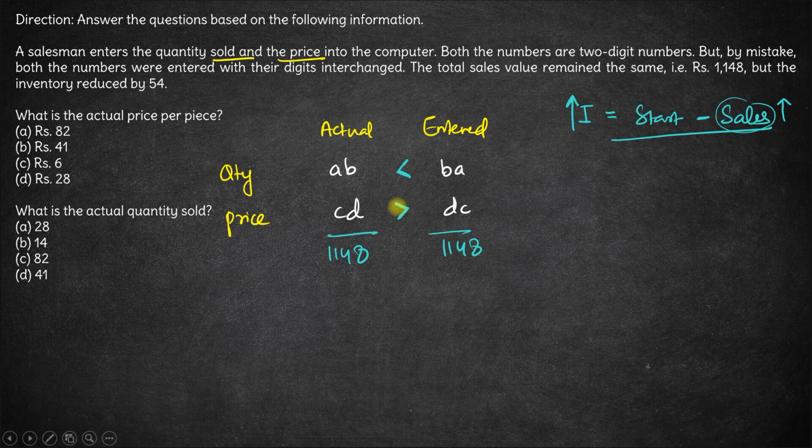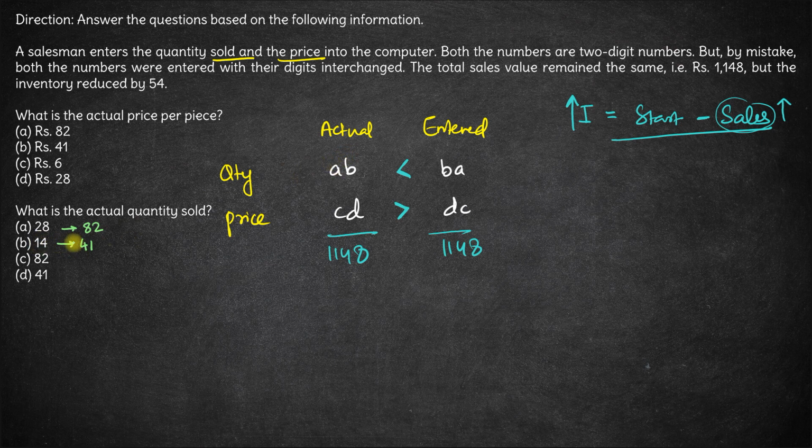Now let us look at the second question first. What is the actual quantity sold? Now if the actual quantity sold is 28, then the entered quantity sold must have been 82, which makes sense. The actual quantity is lesser than the entered quantity, right? Here the entered quantity must be 41, which makes sense.